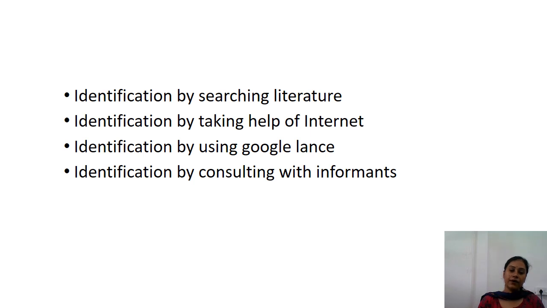To identify larger organisms, we should search different literature, meaning different books or theses or different sources from the internet, and we can use Google Lens in this new age, and we can also consult with different informants, meaning different professors, different knowledgeable people about the proper identification.